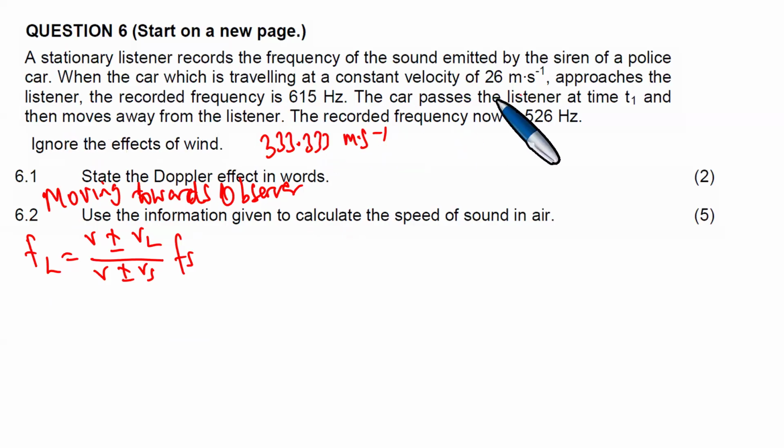When the car, traveling at a constant velocity of 26 meters per second, approaches the listener, the recorded frequency is 615 equals the velocity v. So v minus 26.